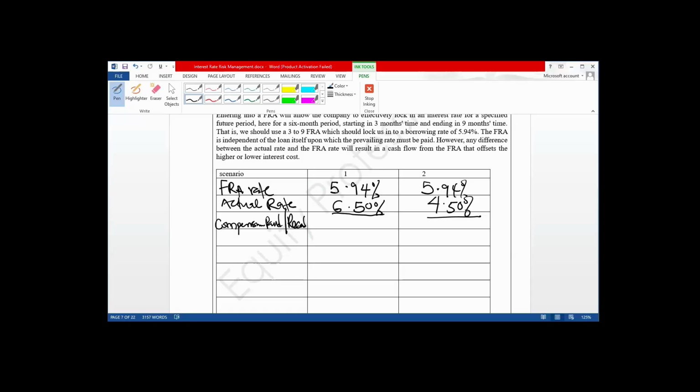So if the company borrows at 6.5, then the company will receive compensation. The difference between 6.5 and 5.94 is 0.56.